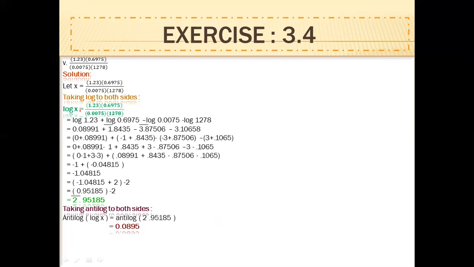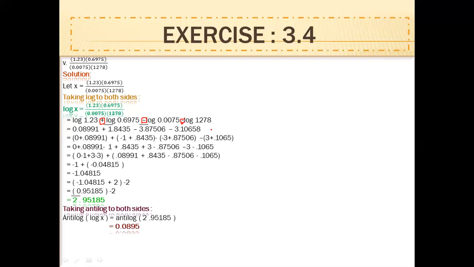It means that we will apply two laws of logarithm. 1.23 and 0.6975 are in the numerator, so we use a plus sign in between them, and the numbers 0.0075 and 1278 are both in the denominator, so that's why we put the negative sign with both the numbers.